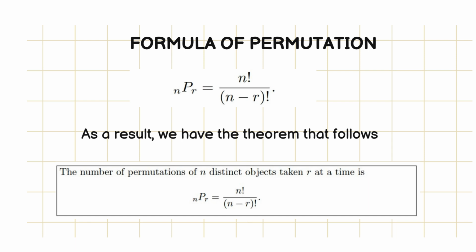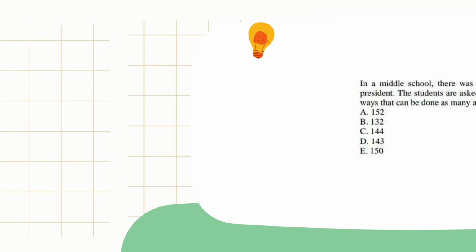The number of permutations of n distinct objects taken r at a time is n permutation r equals n factorial over n minus r factorial. Okay, so I think when you see this formula or the theorem, you don't understand what permutation means. So we go to the example.